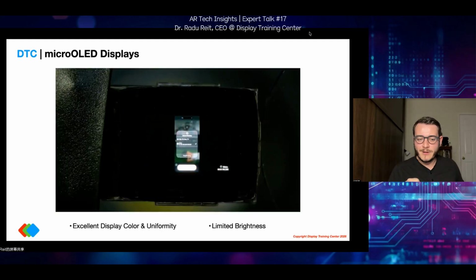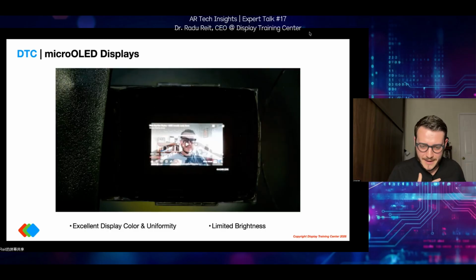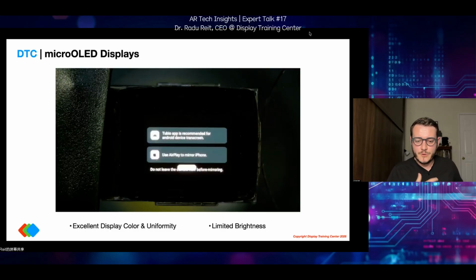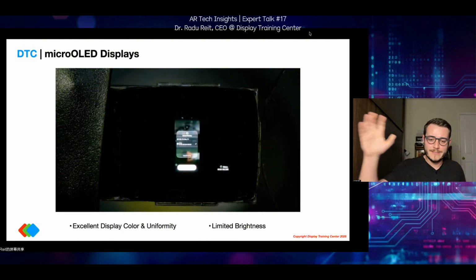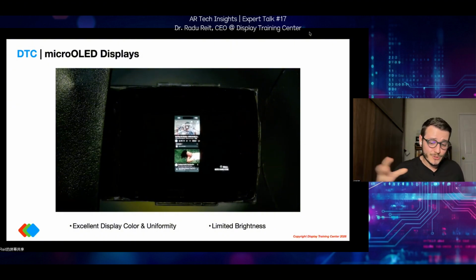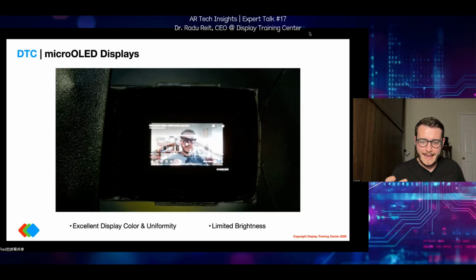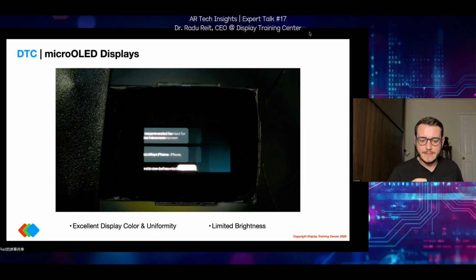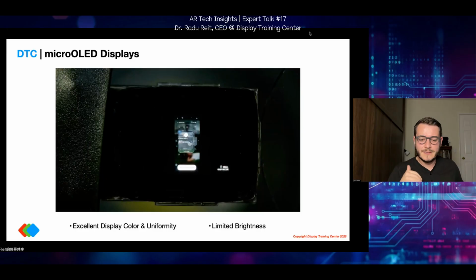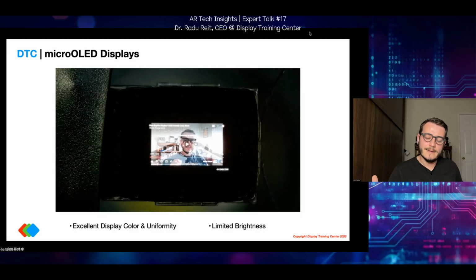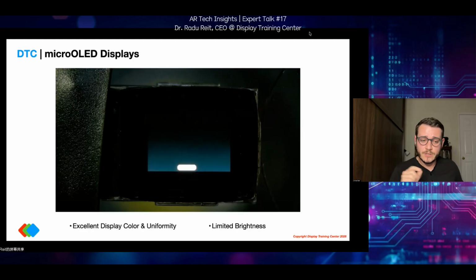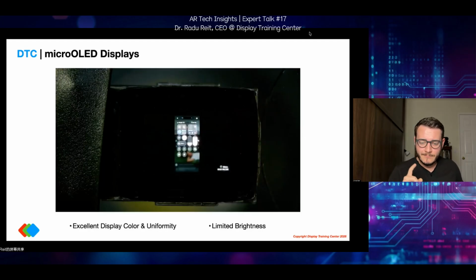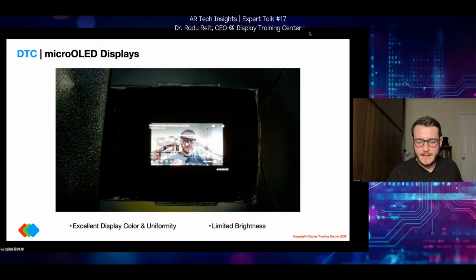I wanted to start with maybe micro OLED because essentially this is the best display, in my opinion, on the market today. If you essentially want to take your OLED screen, whether it's your OLED TV or your smartphone OLED screen, and get that same image quality, the same brightness stability, the same color uniformity, a very large color volume in your heads-up display, you're going to be choosing micro OLED, if you can deal with the limited brightness of these devices.